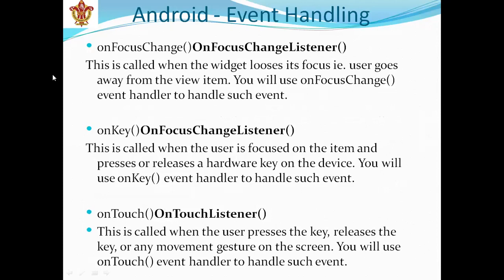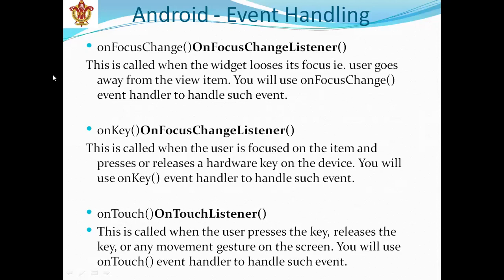The next is the on key listener. This is called when the user is focused on the item and presses or releases a hardware key on the device. You will use the key event handler to handle such events, like the start and stop button. We can take this as an example.